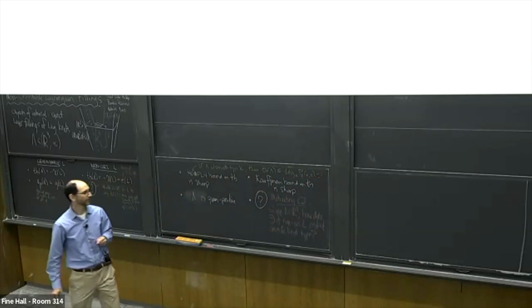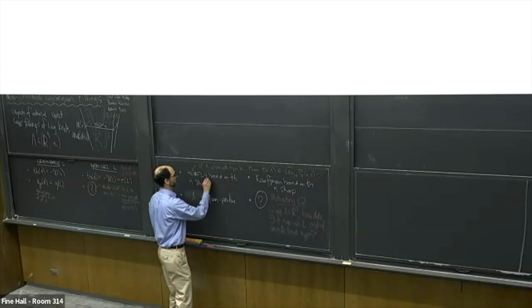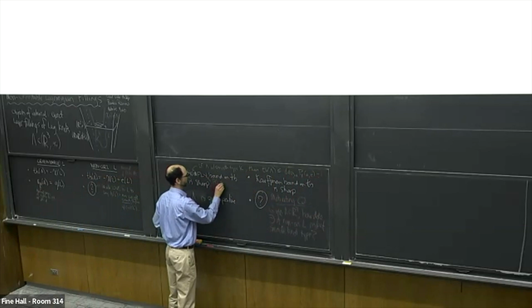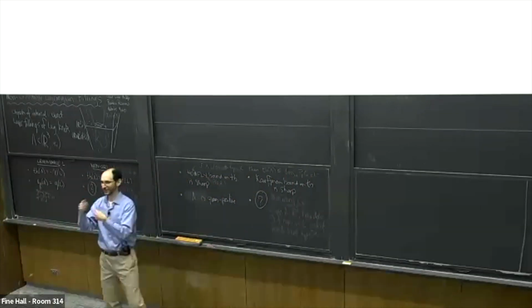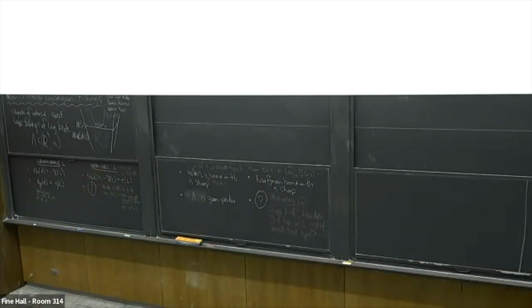The HOMFLY polynomial is a two-variable polynomial, and A counts the framing. You just replace it with the Kauffman polynomial. Yeah, exactly.